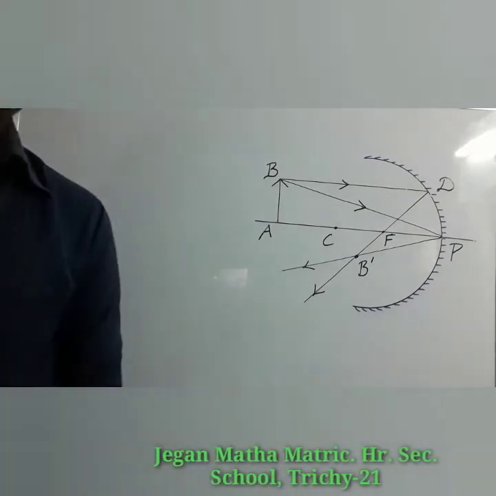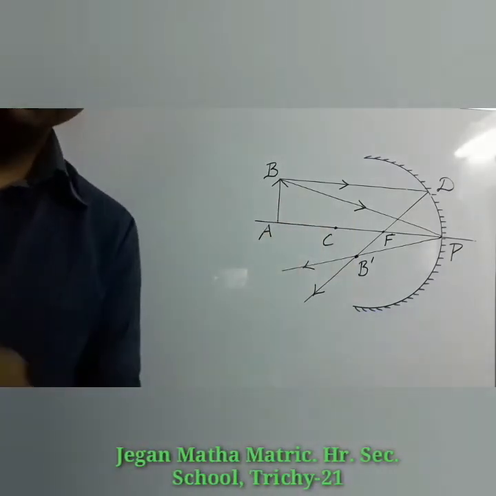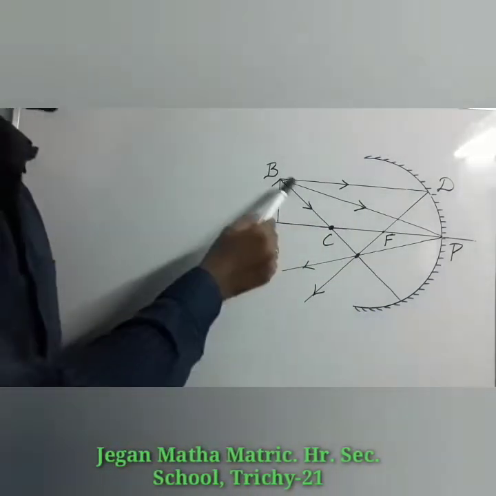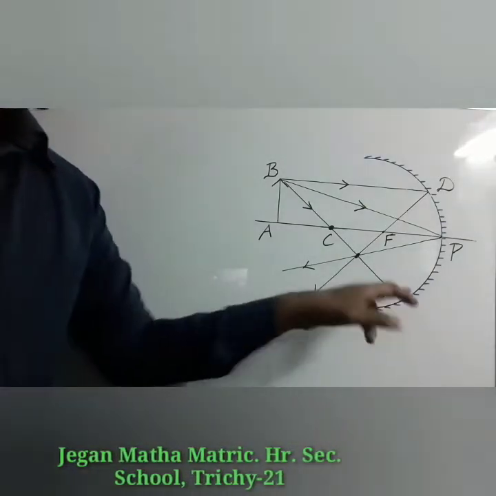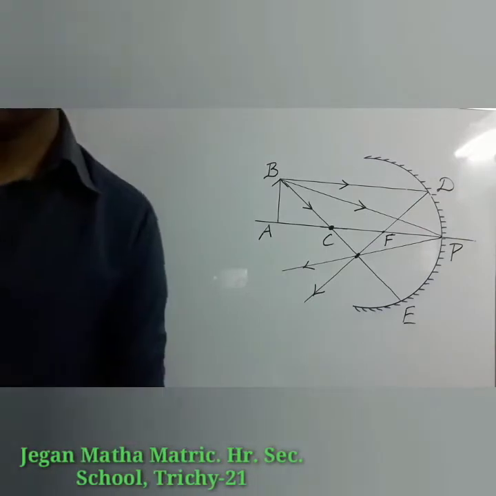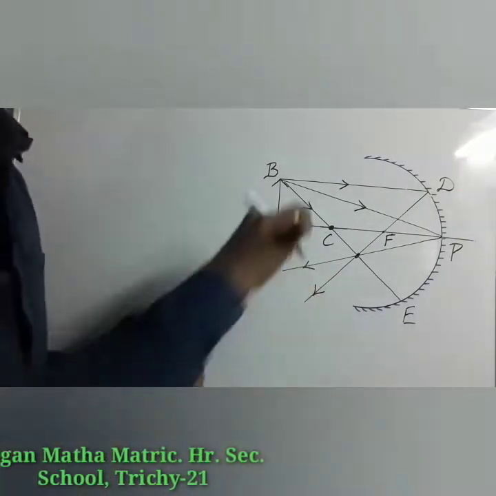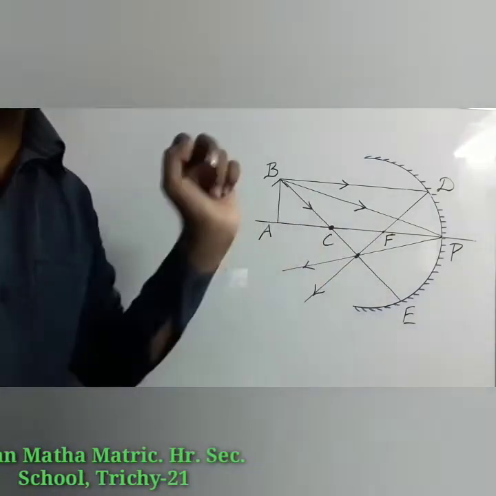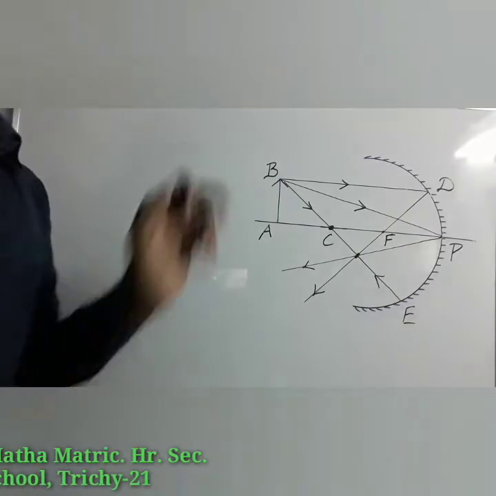The third paraxial ray BC, passing through the center of curvature C, falls normally on the mirror at point E and is reflected back along the same path. Since the third paraxial ray passes through the center of curvature, after the reflection it will be reflected along the same path itself.